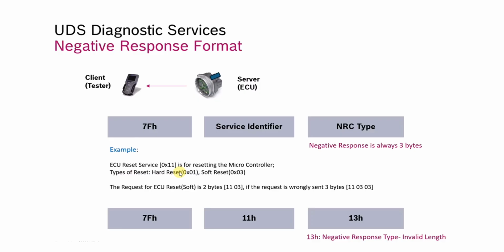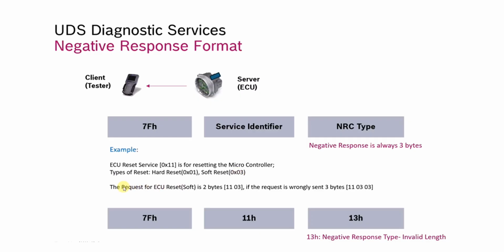For example, I have written here the request of ECU reset. Reset in the microcontroller has two subfunctions: one is a hard reset and the other a soft reset. I'll send 1103 to get a soft reset, and we saw the positive response 5103.